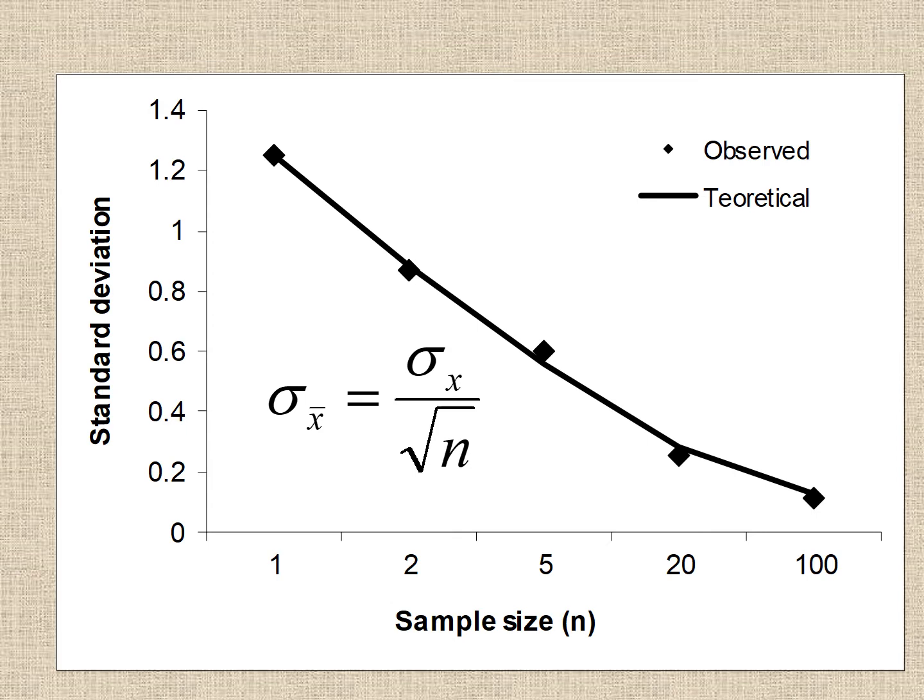So they are the same thing, but while the ordinary standard deviation is for individual values, the standard error of the mean is the same thing, but for sample means instead.